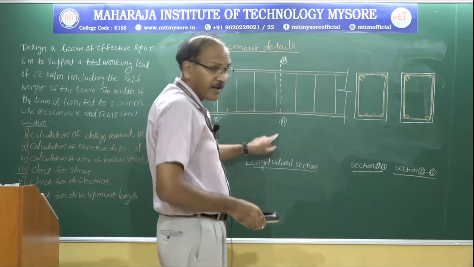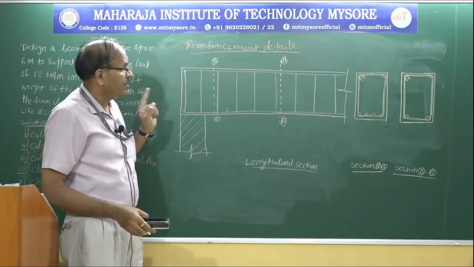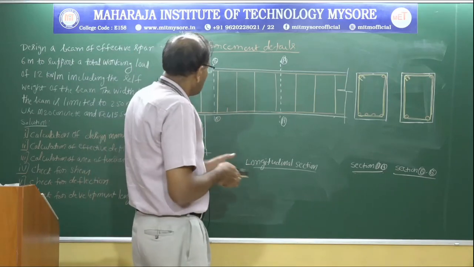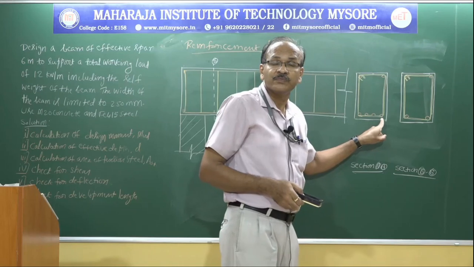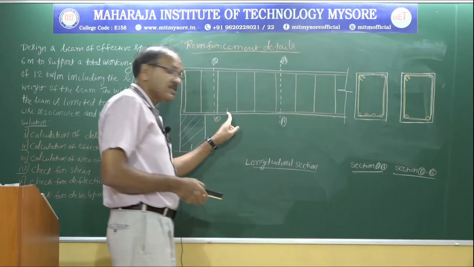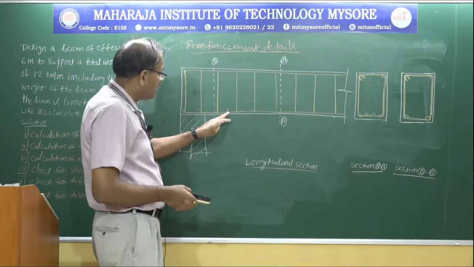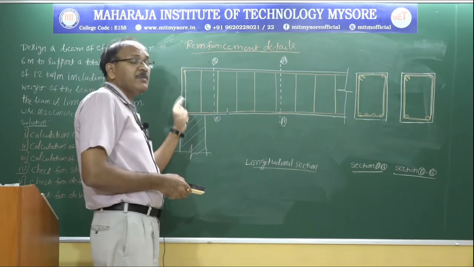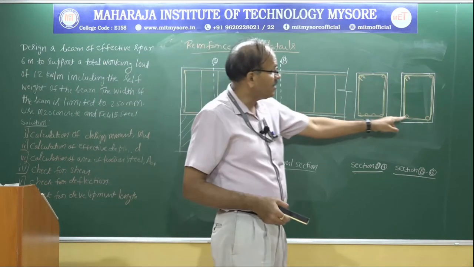So this is section AA and this is section BB. If you look here, section AA, we have 4 bars. And after some distance, we have curtailed 2 bars. So to the left of the point of curtailment, if you take a section, you will only see 2 bars.